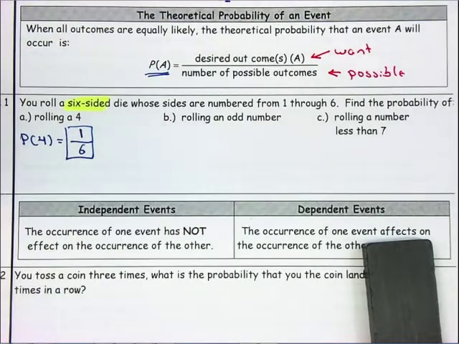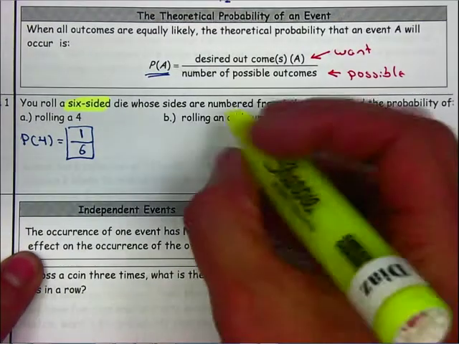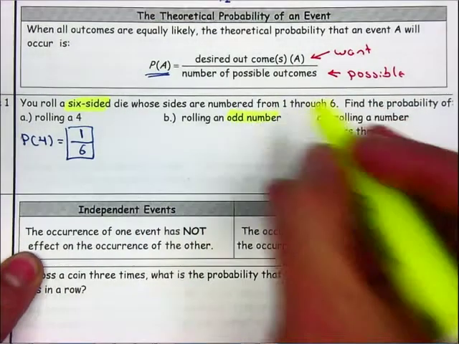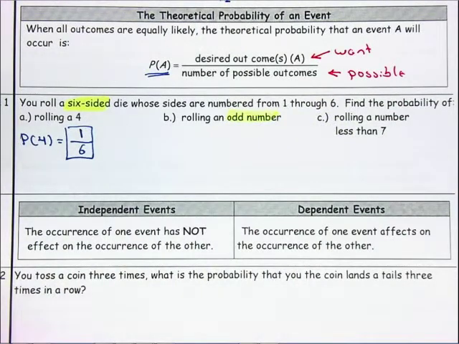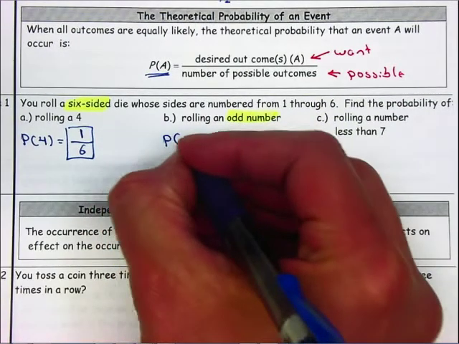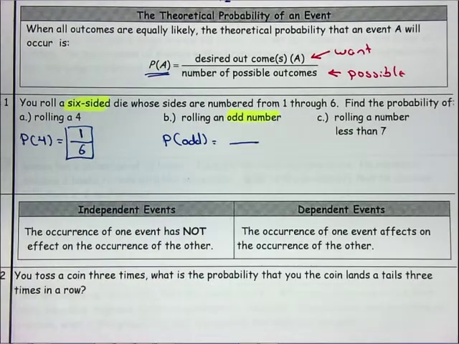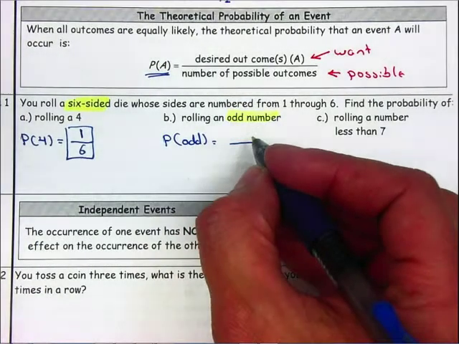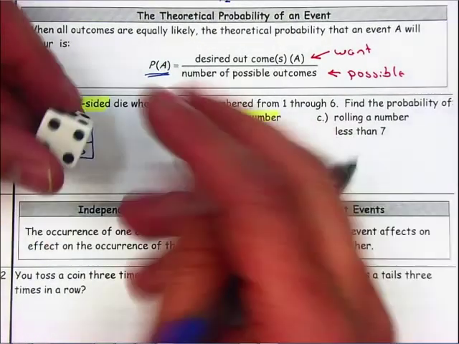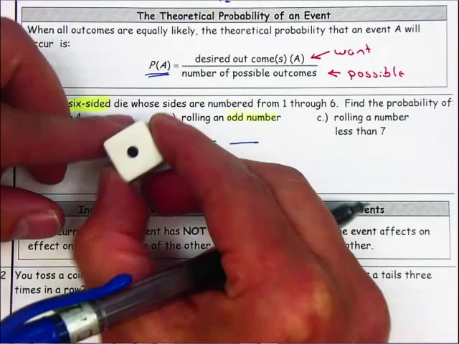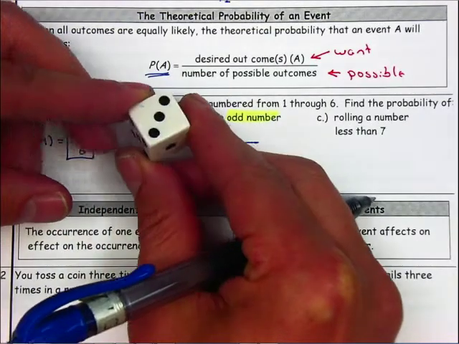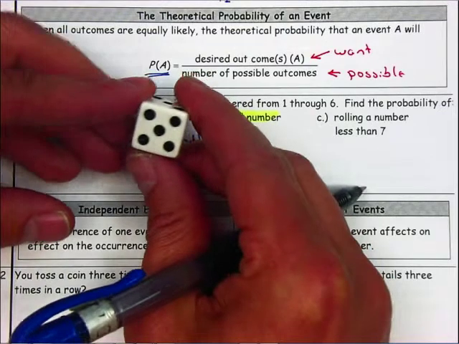Letter B. What's the probability of rolling an odd number? So the probability of an odd number will be a fraction. Probability should always give you a fraction. On the numerator, what do we want? We want odd numbers. So how many odd numbers do we have? We have the 1, the 3, and the 5.